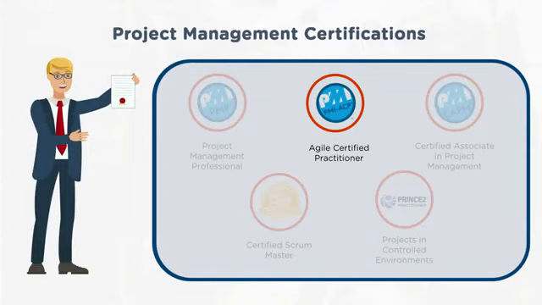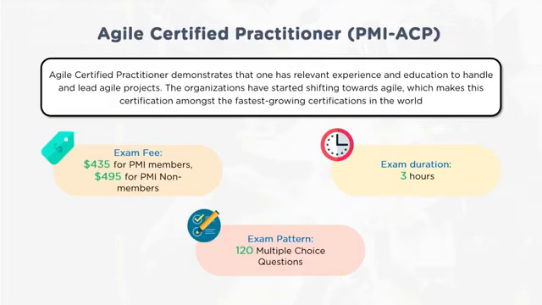Then the Agile Certified Practitioner. As we saw for PMP, here the Agile Certified Practitioner demonstrates that one has relevant experience and education to handle and lead Agile projects. Organizations have started shifting towards Agile, as we know in today's industry, which makes this certification fast growing in the world. The examination fee would be $435 for PMI members, $495 for non-PMI members.